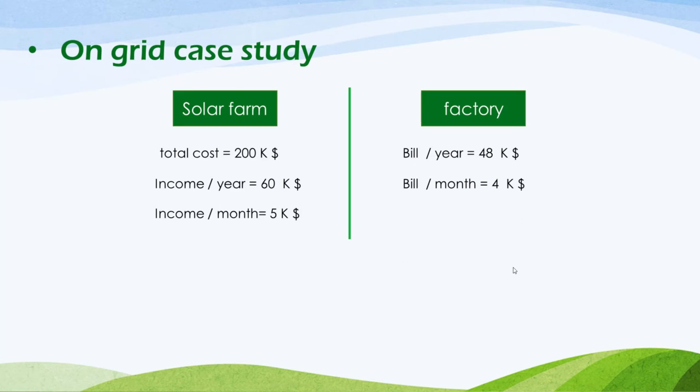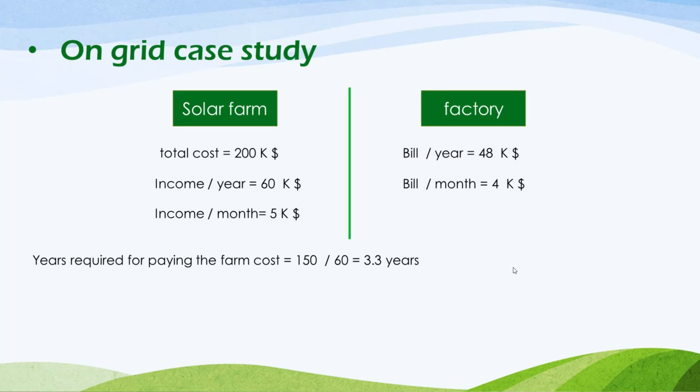That's good. We need now to know when the owner will get back the money that he has spent, as he has spent a total of $200K. So the required years for the owner to get his money back is the total cost over the yearly income. So he needs 200 over 60, which is 3.3 years to get this money back.